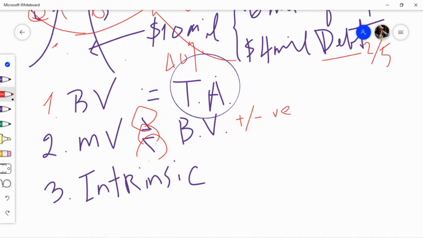And if the company did well, there will be a lot of positive expectations. Positive expectations will push up the market price because of the positive results. There will be a lot of demand, right?